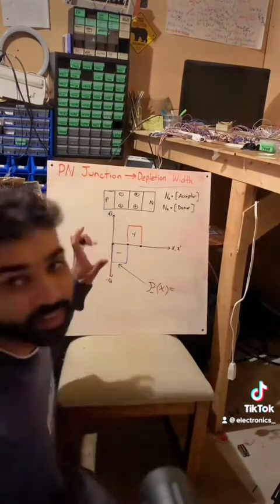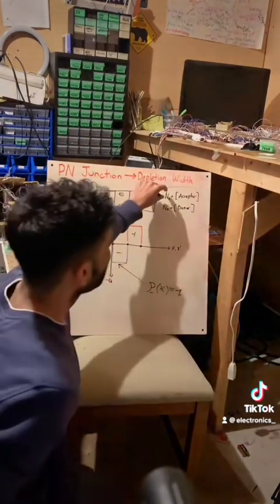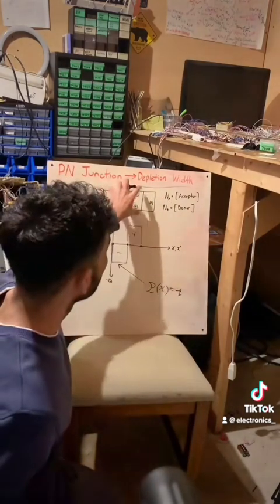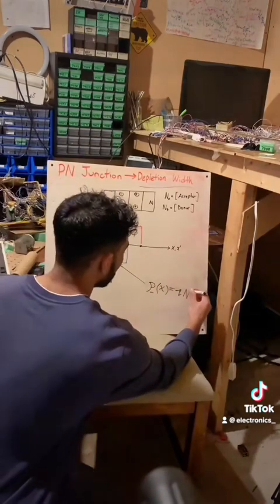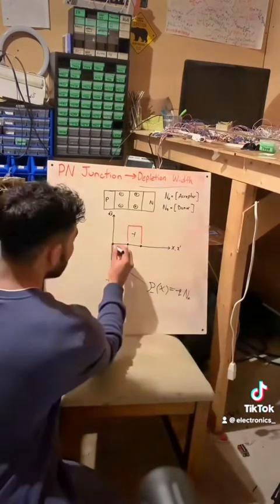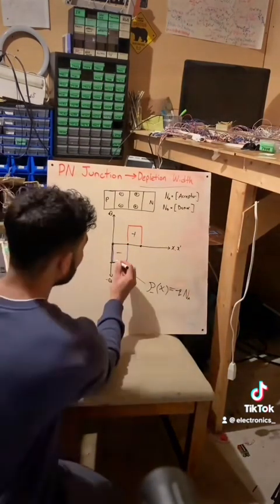It's going to be some negative Q, some negative electric charge, times, well, I forgot to mention, Na and Nd. These are the concentrations of our acceptors and donors. So we multiply by our acceptor concentration, Na, but we have to find the density.